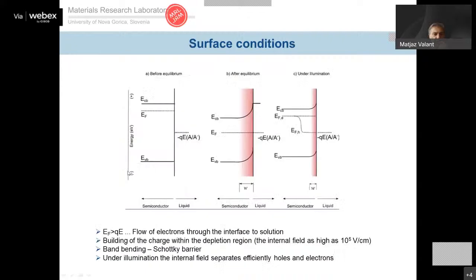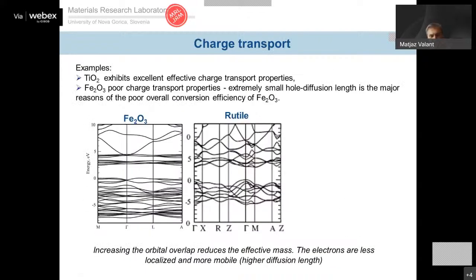Okay, now I want to stop and give you a chance to ask some questions if you have them. And then after the break, we will continue with discussing the surface characteristics.